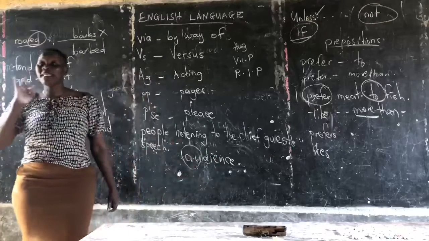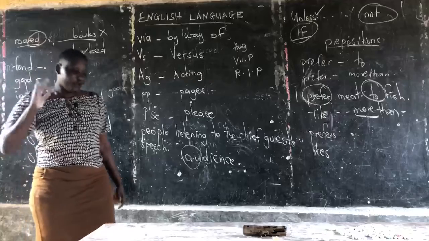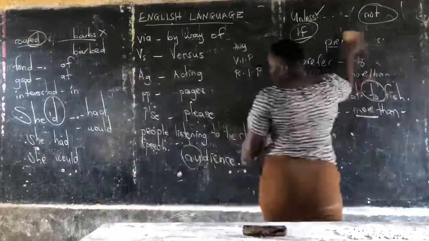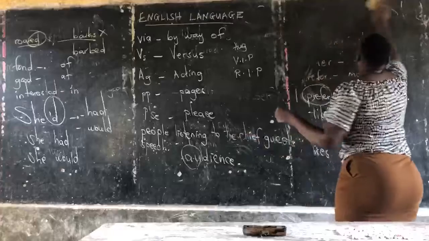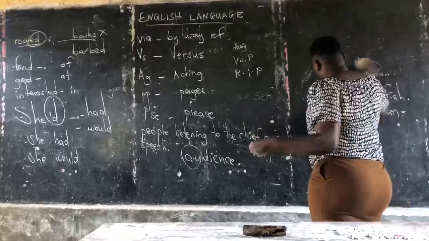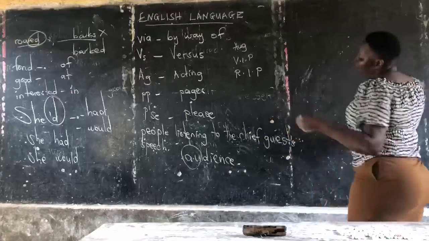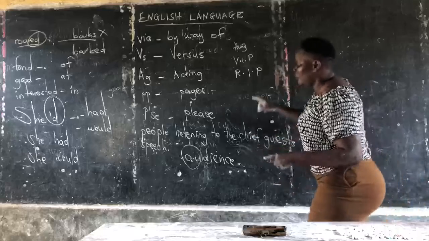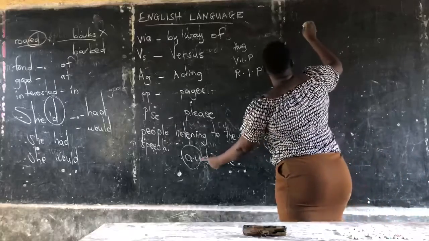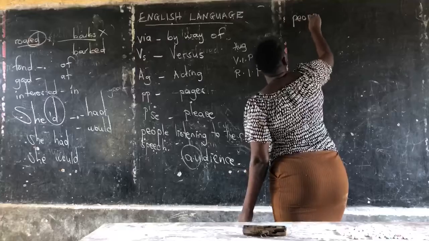There are three groups that you normally don't get to understand. We have that one, the audience. Then we have people watching a football match.